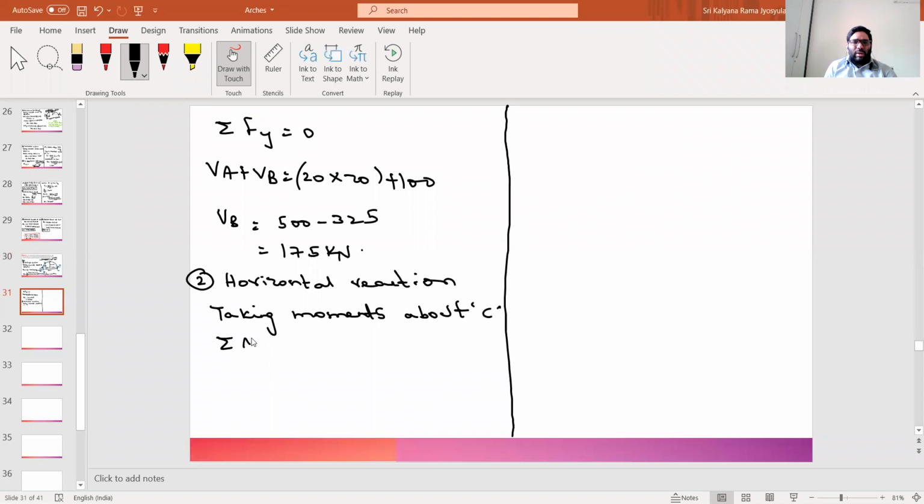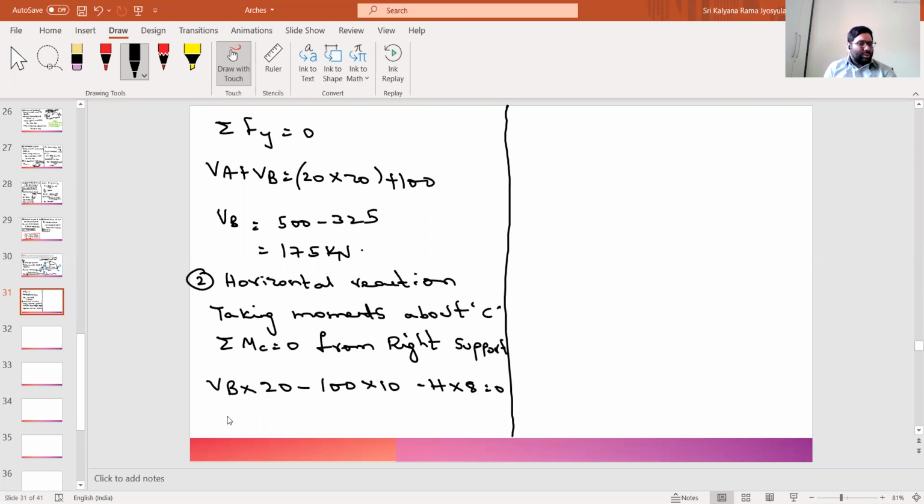So sigma MC is equal to 0 from right support. It can be from left support also. For the sake of simplicity, we have chosen right support. So VB into 20 minus 100 into 10, isn't it? Minus H into 8 is equal to 0.